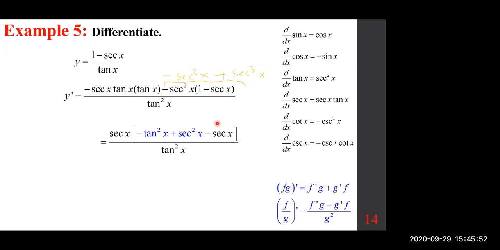Now, remember Pythagorean identities. Remember this one: tan squared plus 1 is secant squared, okay?